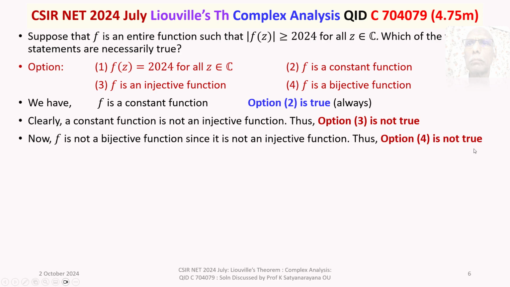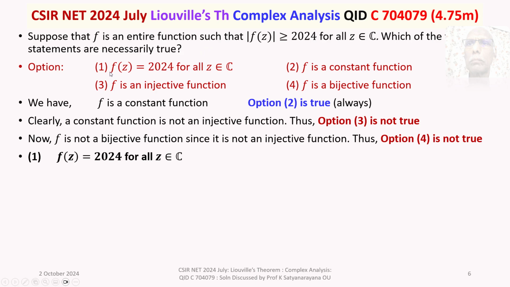What about option 1? Option 1, f(z) is equal to 2024 for all z belongs to C. Here, what you have to understand is, under the given hypothesis, which of these four statements is necessarily true?